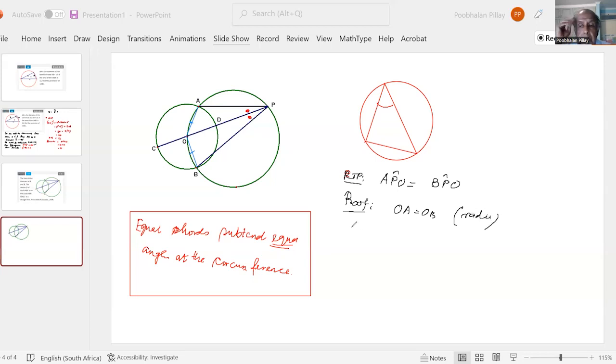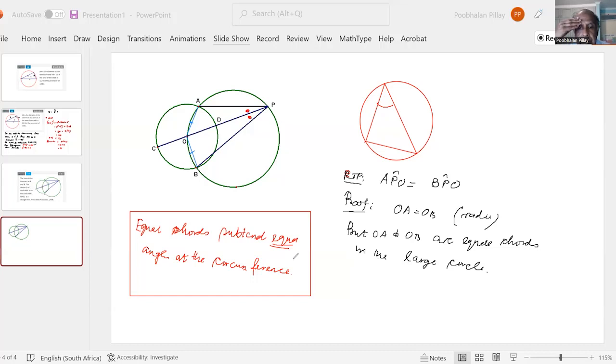Right? And then you say, but OA and OB are equal chords in the large circle. They don't normally use the word large circle. They will say the circle which goes through A, P, and B, 3 points on the circumference. The circle APB. Right?